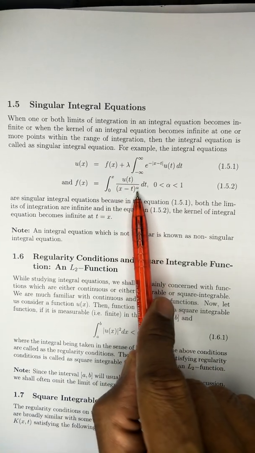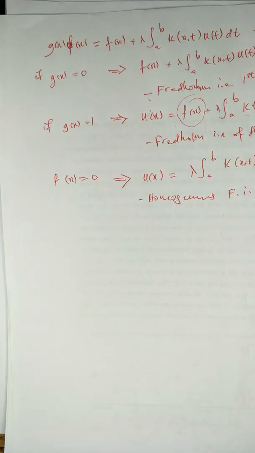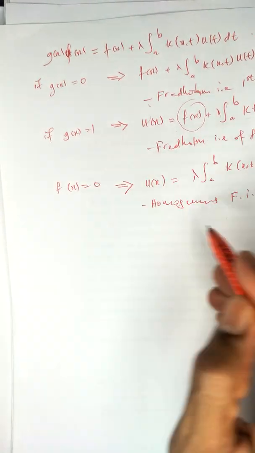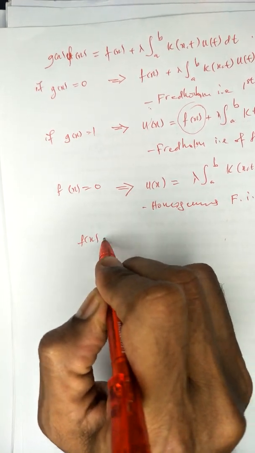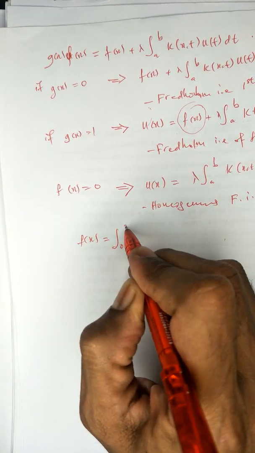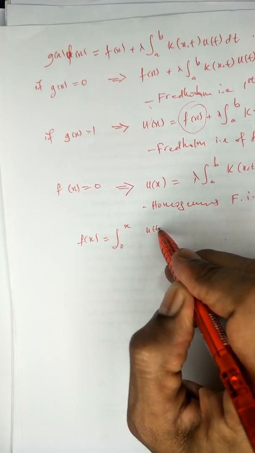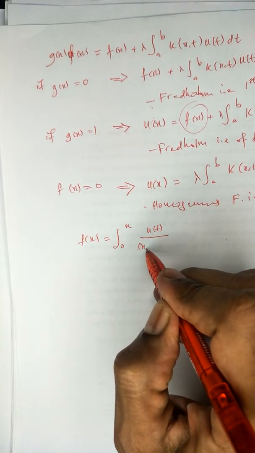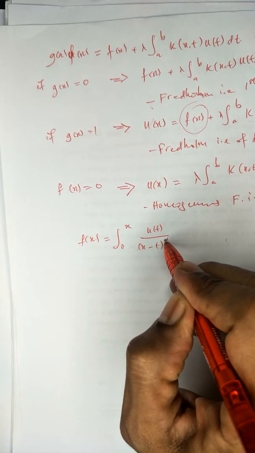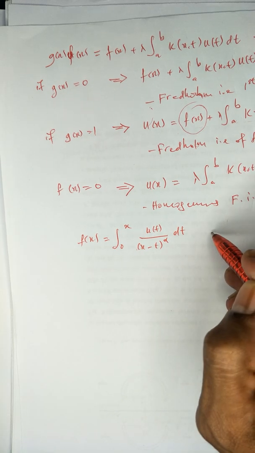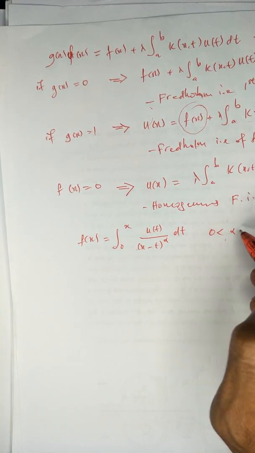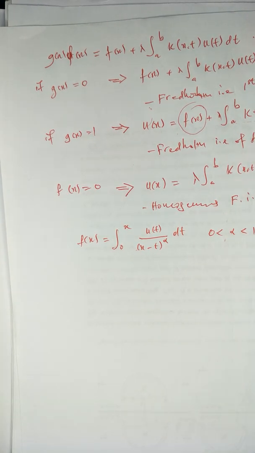When alpha equals 2, I think I better write here. From this integral, we have f(x) equal to the integral from 0 to x of u(t) over (x minus t) to the power alpha dt, for alpha less than 1.